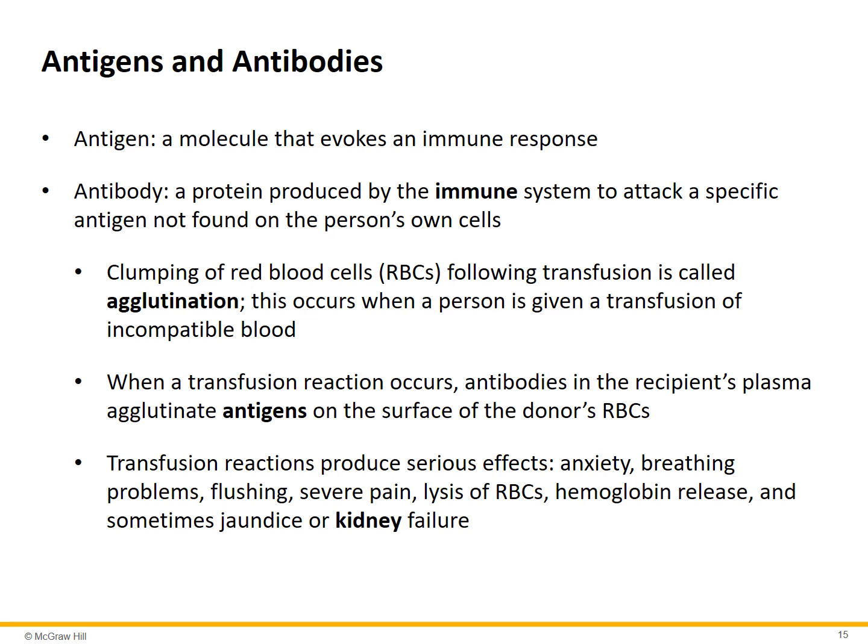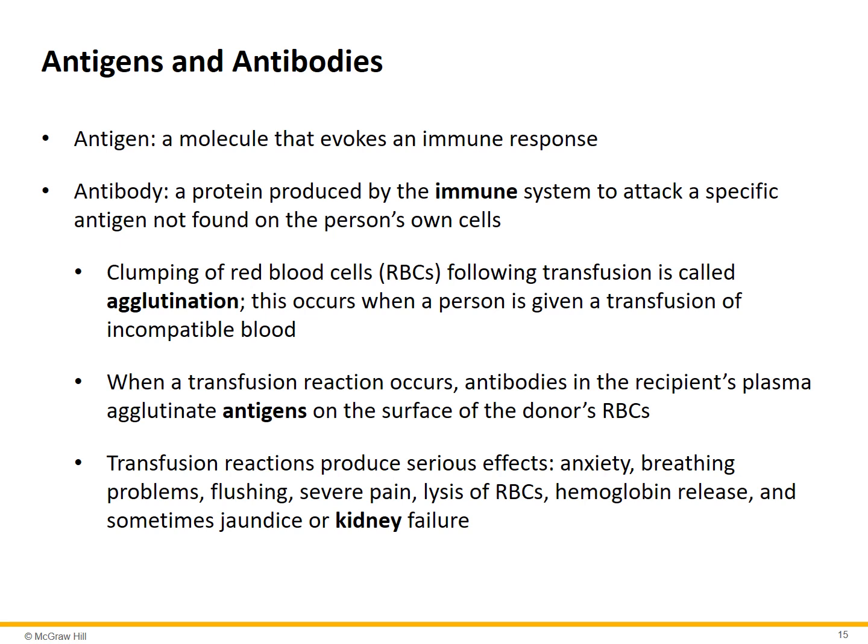So these are proteins, these are carbohydrates, they're found on the surface of all your cells. Right, you've probably heard, oh, if somebody needs a kidney transplant, it has to be a close match, so it's not rejected. Okay, so foreign antigens will trigger an immune response.